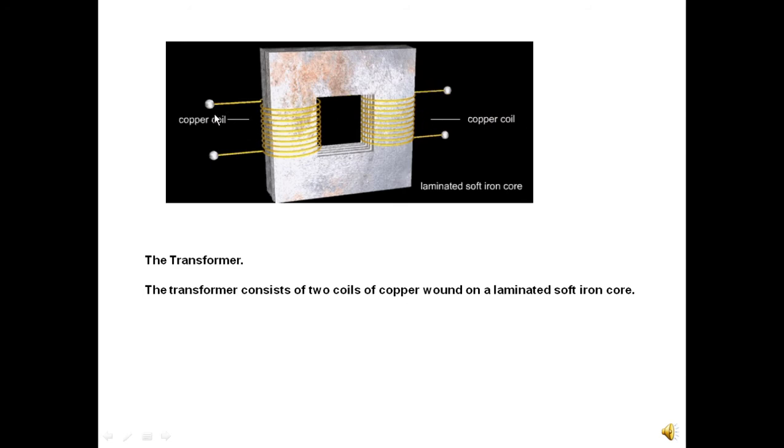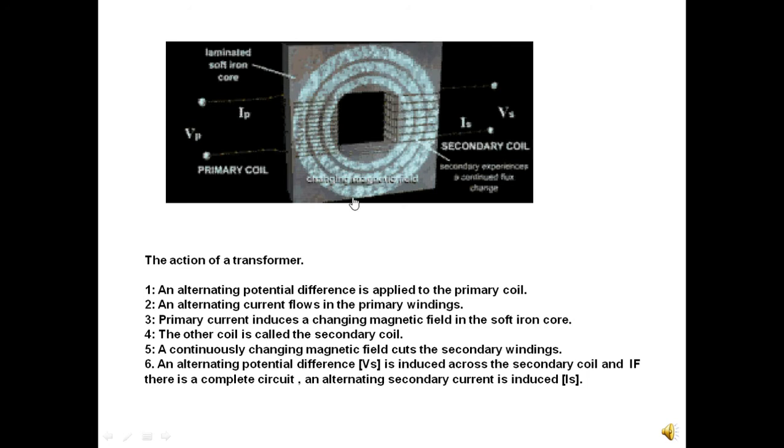So the alternating PD over here induces an alternating PD over here. And if you have a complete circuit here, then you will induce an alternating current. So that's what's happening here, and these shifting circles are meant to represent that changing magnetic field.